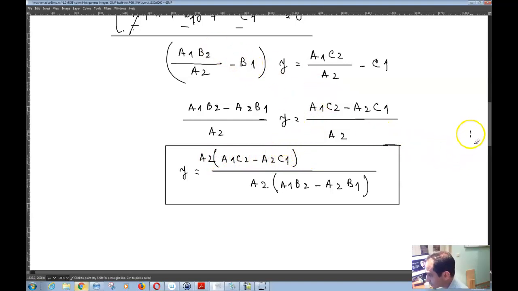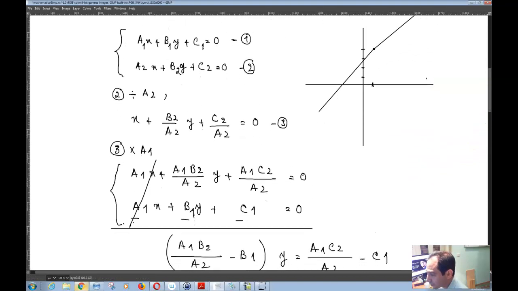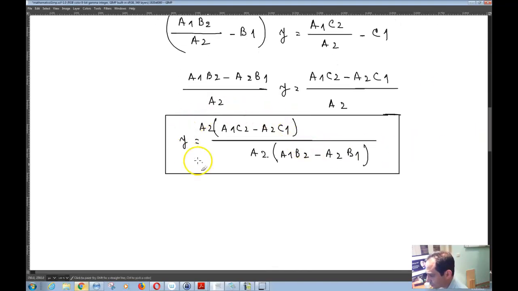And then if you do the same thing over here again, you can calculate the coordinates of your x as well. And this is of course the point of intersection, but I'm not really sure if that is the best way to solve this problem.